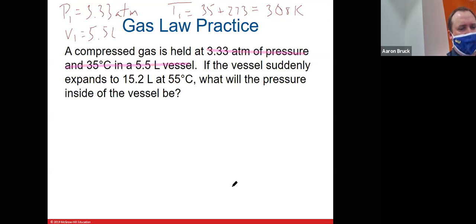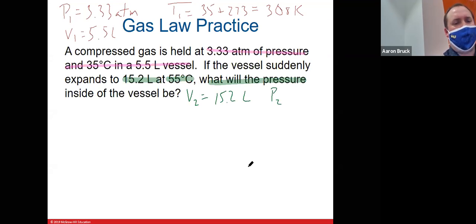On the bottom side, I can see that my volume has changed, my temperature has changed, and I'm being asked a question about the pressure. So my new volume is 15.2 liters.